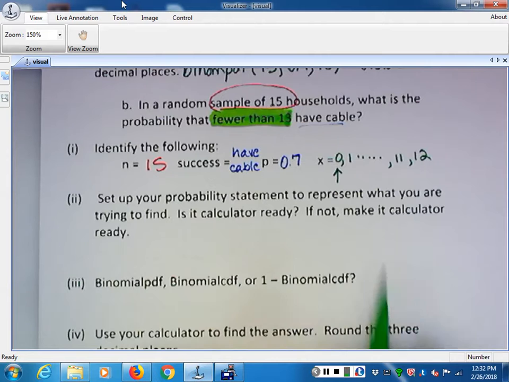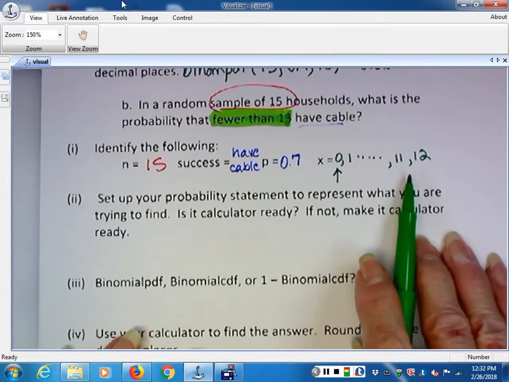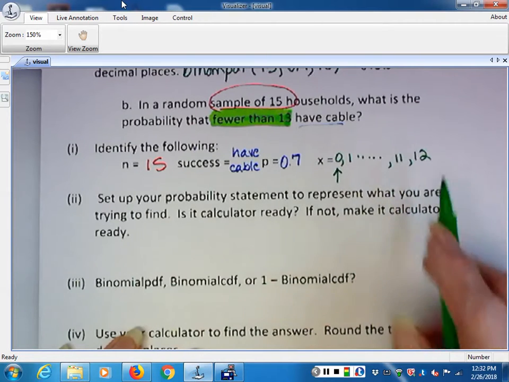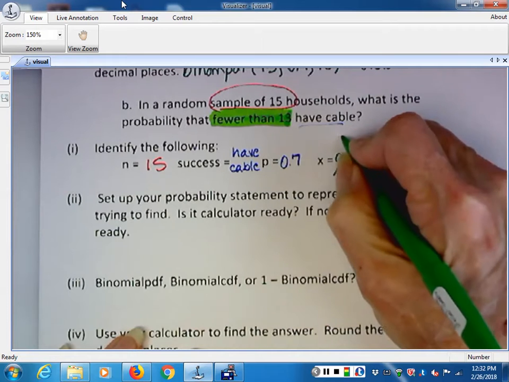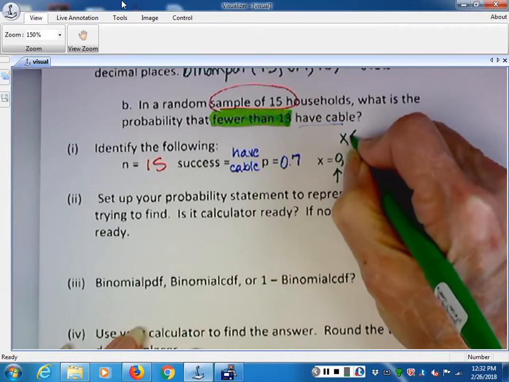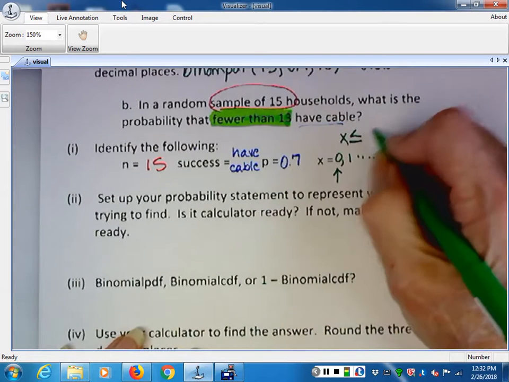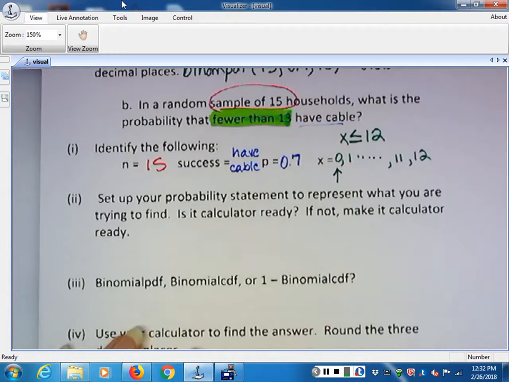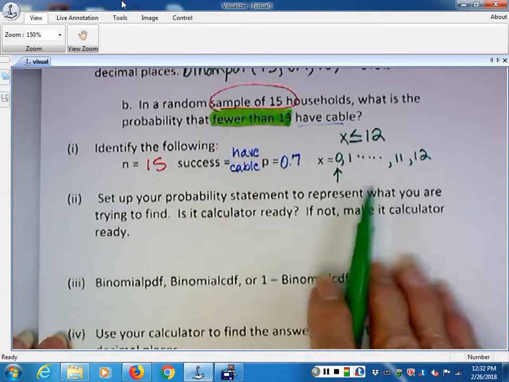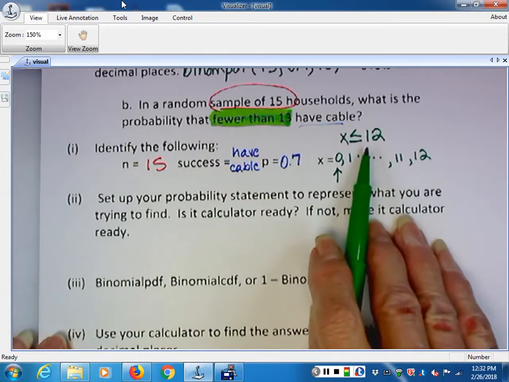Okay? This makes it easier then for you to write your probability statement. Because your probability statement is that x is less than or equal to, because remember it needs to be less than or equal to 12. Even though that said 13, if you'll identify these numbers, you'll get this right.